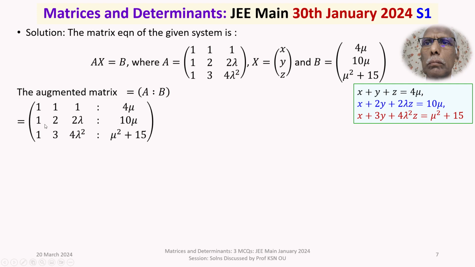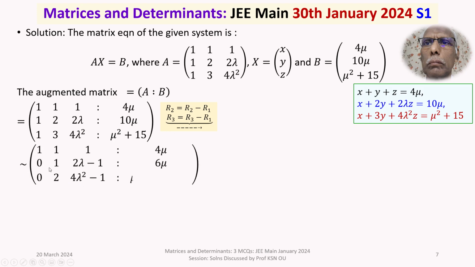Similarly, we subtract the entries of the first row from the entries of the third row. So what we do is R2 is R2 minus R1, R3 is R3 minus R1. Now if you do it, you will get this matrix.